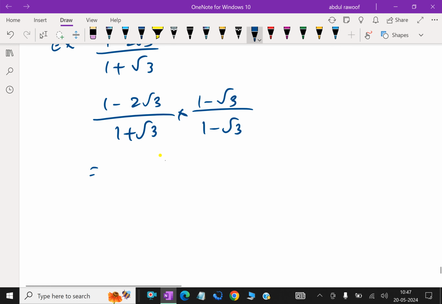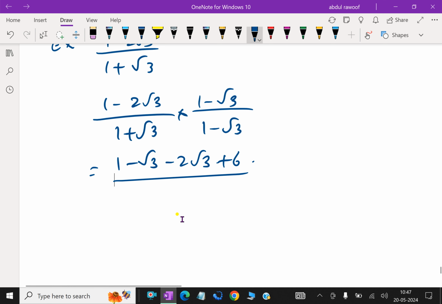Here FOIL multiplication: 1 into 1 is 1, 1 into minus root 3 is minus root 3, minus 2 root 3 into 1 is minus 2 root 3, minus 2 root 3 into minus root 3 is plus 2 into 3, which is 6, because root 3 into root 3 is 3, into 2 is 6.